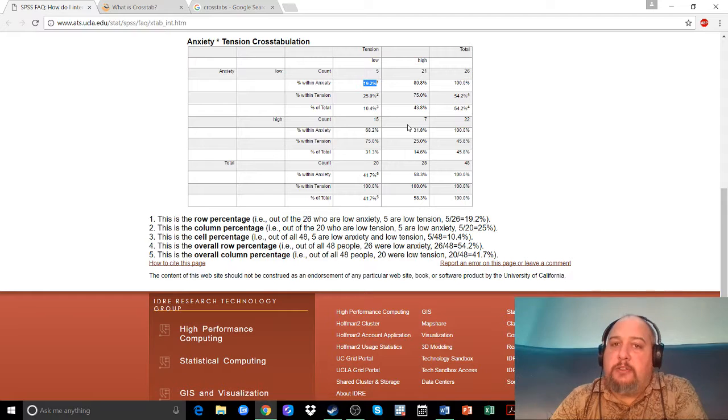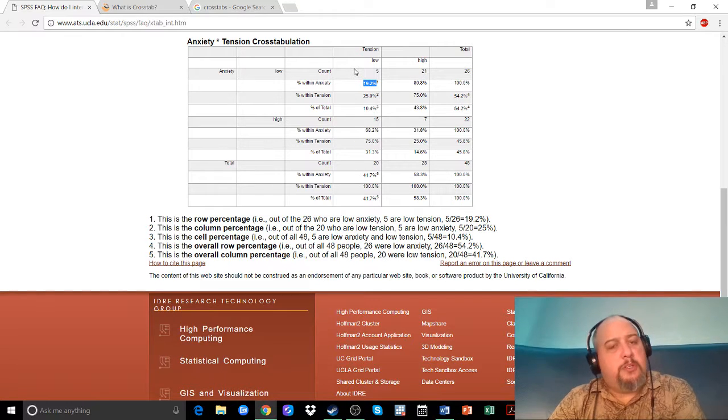Okay, that's another good question. The reality is we do the same thing in terms of reading when we come to interpretation. We go row, column, total. So I would go 5 divided by 26, that's my row, and I would interpret it that way.